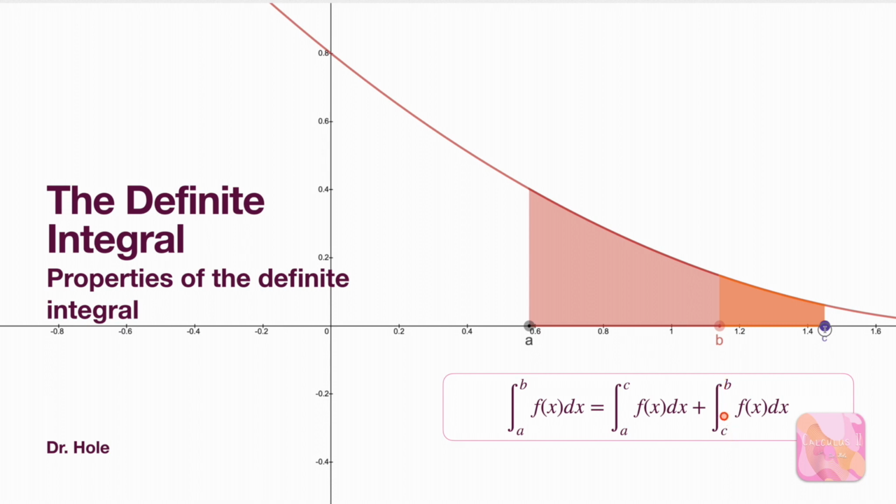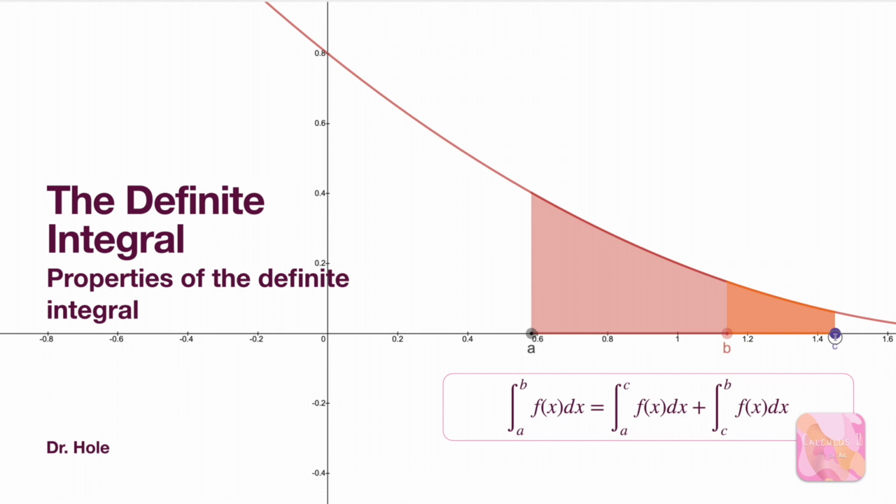Therefore, the natural order of the bounds is to go from b to c, which would require putting a minus sign. Thus, the amount that you go over in the interval a to c is taken away in the integral c to b. Let's watch the c move from outside of the region to the right, off to the left.